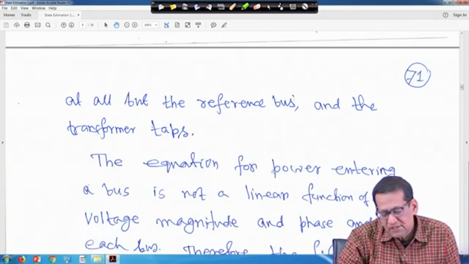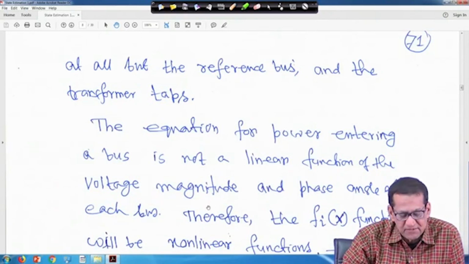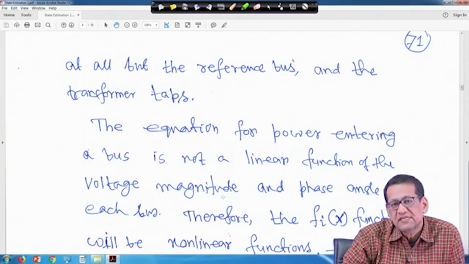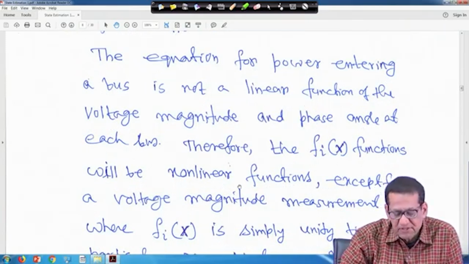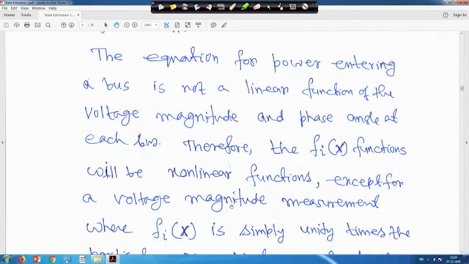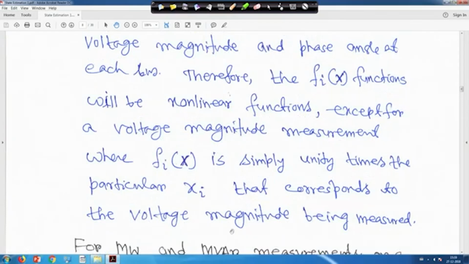The equation for power entering a bus is not a linear function of the voltage magnitude and phase angle at each bus, as we know for an AC network. Therefore, the f_i function will be nonlinear, except for a voltage magnitude measurement, where f_i is simply unity times the particular x_i that corresponds to the voltage magnitude being measured.